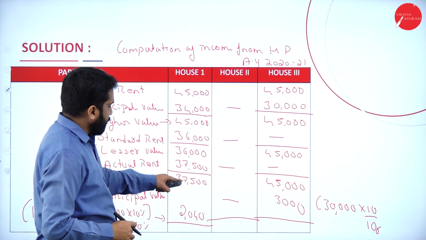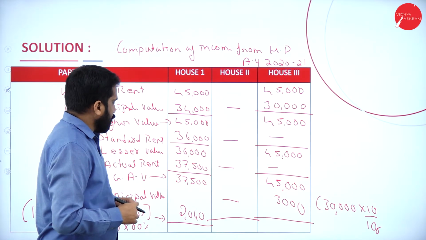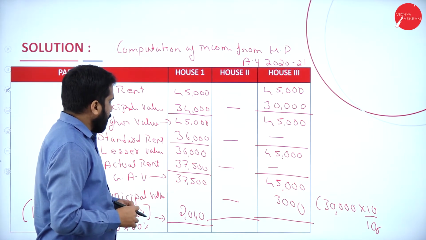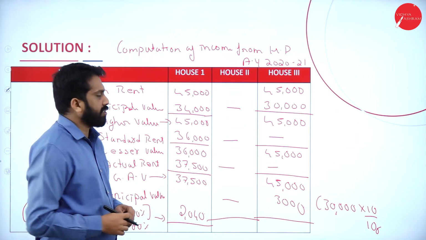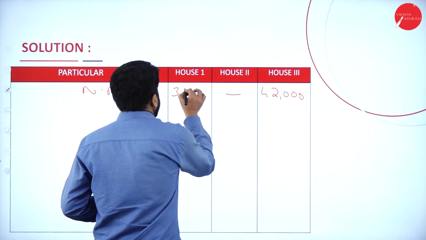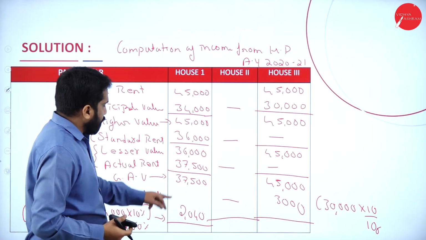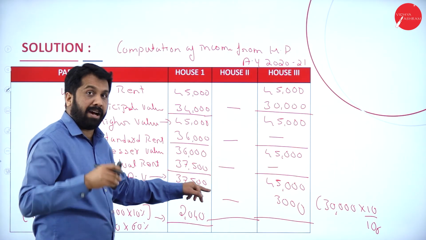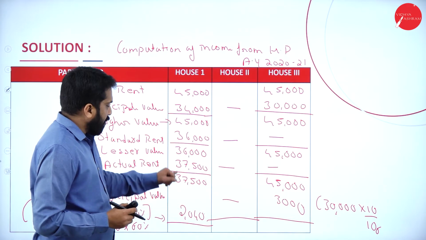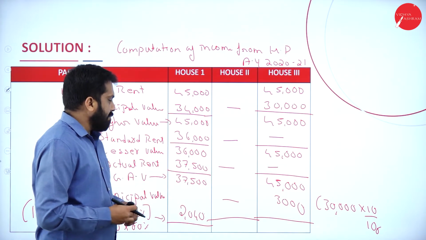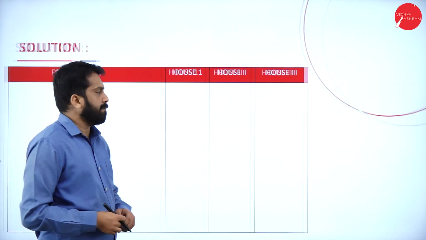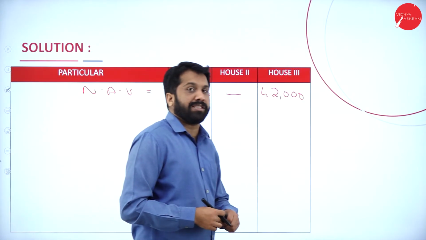House 3, 37,500 minus 2,040. It will be 35,460. You got, I think, from 37,500, I have deducted 2,040. I got around 35,460. So these are the calculations we are supposed to do.